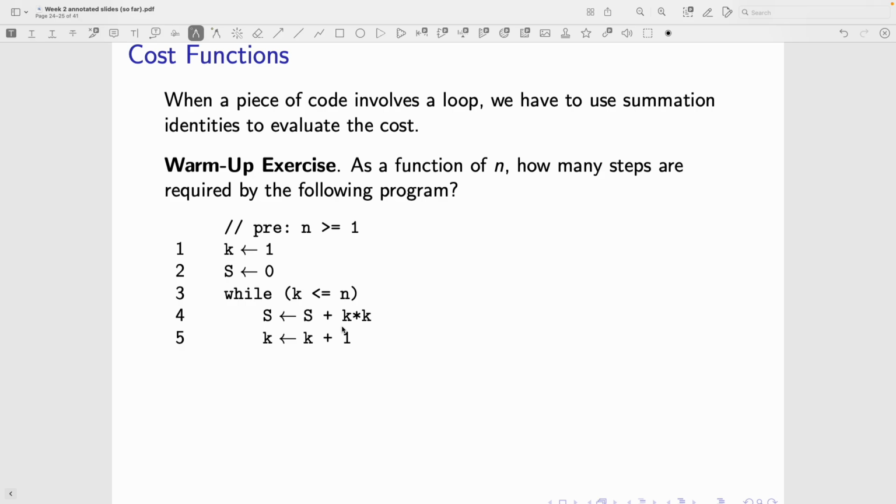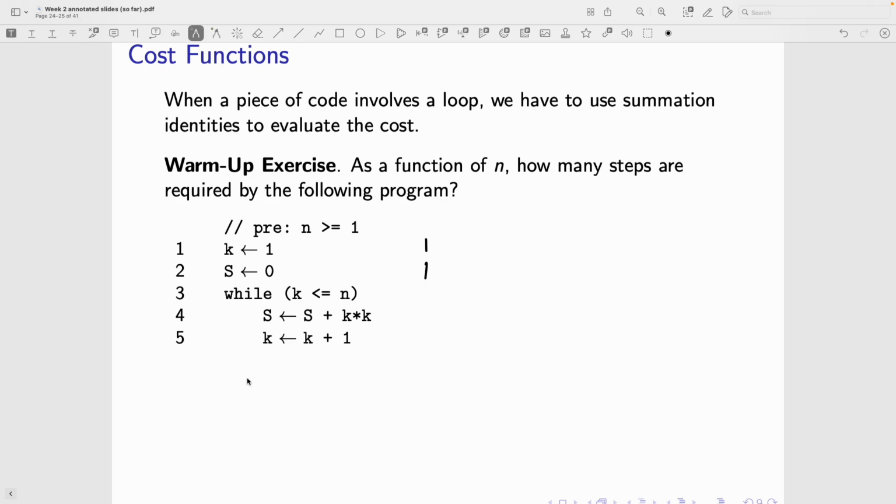All right, this is exactly what I was just talking about. We're going to use summations, as discussed yesterday, to evaluate the cost of a function that uses a loop. So let's see. This takes one step. This takes one step.